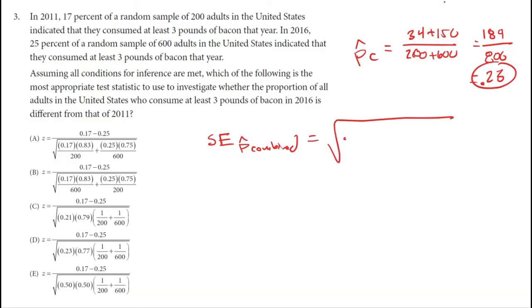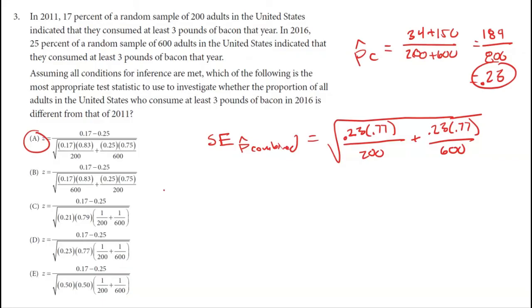So in that formula, I'm going to take the 0.23 times the 0.77, that's 1 minus it, divided by the 200 people from the first sample, plus the same thing, 0.23 times 0.77, divided by the 600 people from my second sample. That is the standard error I should be using. Now, if I'm looking at these choices, I really like choice A. I do.